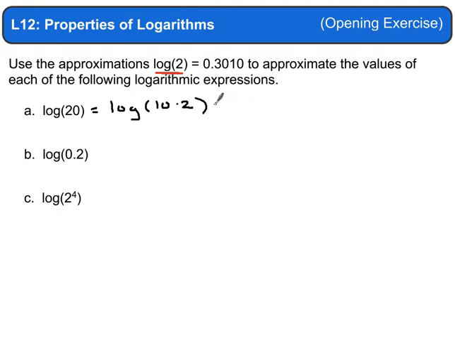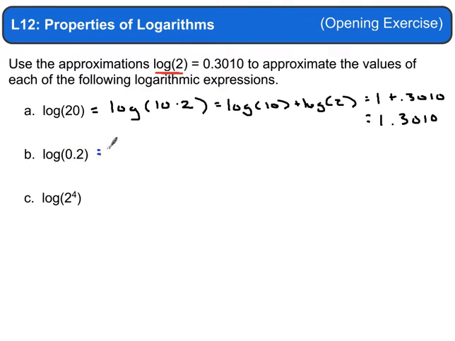So now I can expand this: log 10 plus log 2. We know log 10 is equal to 1, so it ends up being 1 plus 0.3010. So our answer ends up being 1.3010.